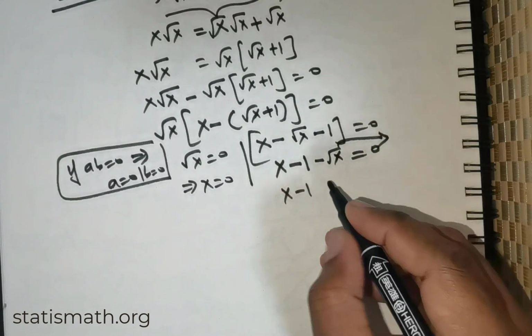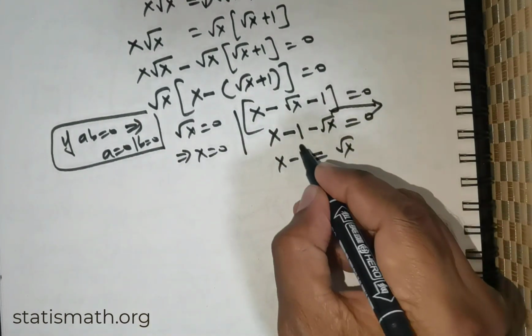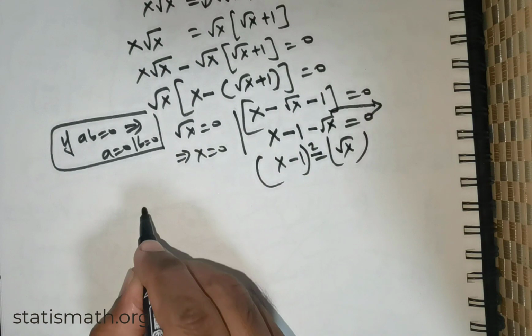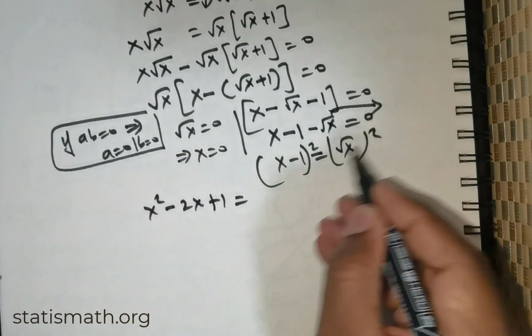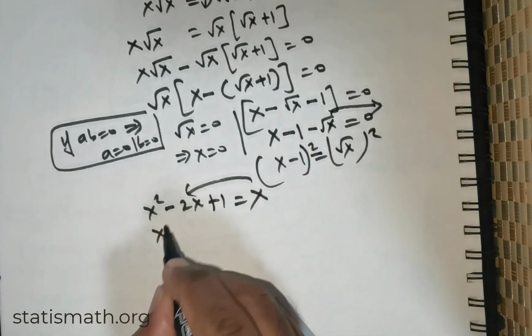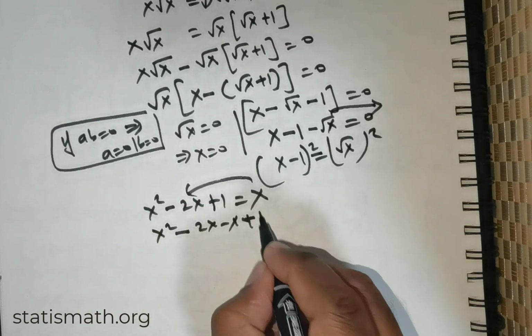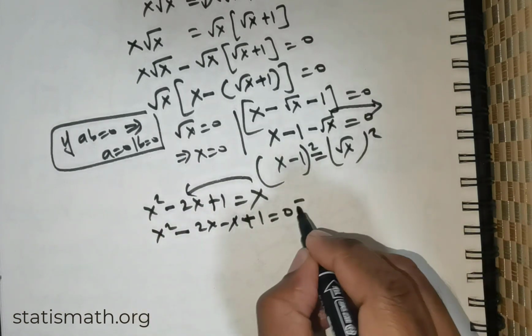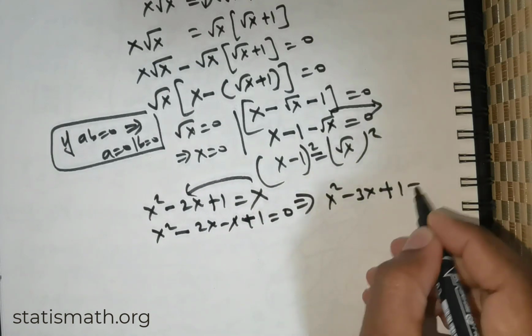So this is going to give me x minus 1 is equal to root of x. Now if I were to square both sides, this is going to give me x squared minus 2x plus 1 is equal to, I'm taking the square here, so this is going to give me x. I move this x to the other side, so I get x squared minus 2x minus x plus 1 is equal to 0, which is rewritten as x squared minus 3x plus 1 is equal to 0.